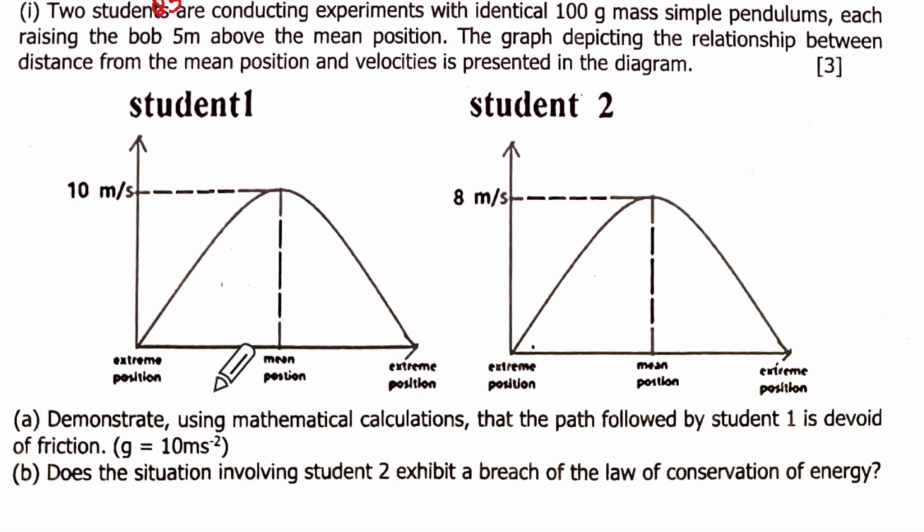Now let us look at this. Both of them are raising 5 meters above the mean position, so H is 5. For student 1, we'll have to prove that at all positions the kinetic energy and potential energy remain the same.